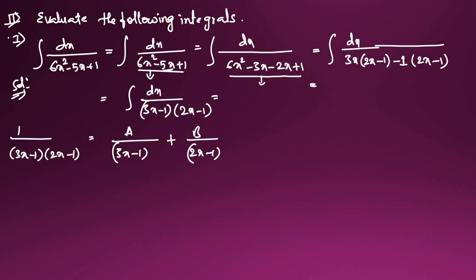After cross multiplication, a into (2x minus 1) plus b into (3x minus 1) is equal to 1, because the denominator gets cancelled.